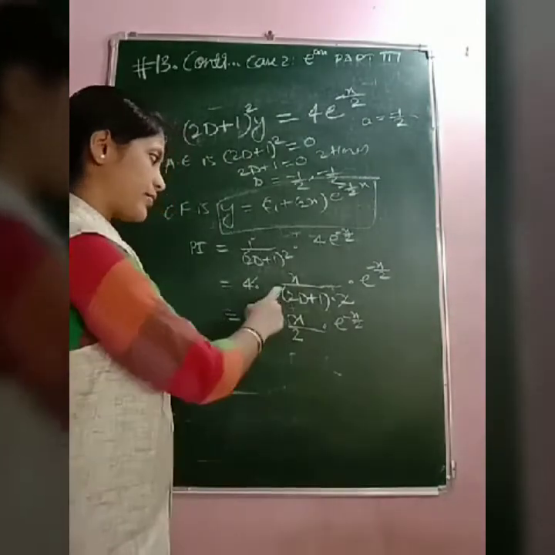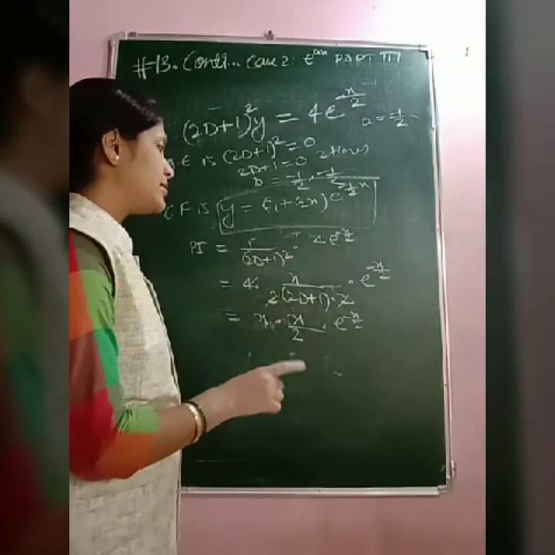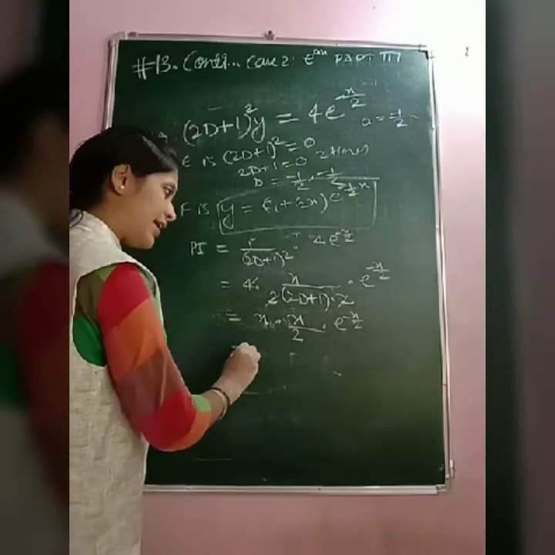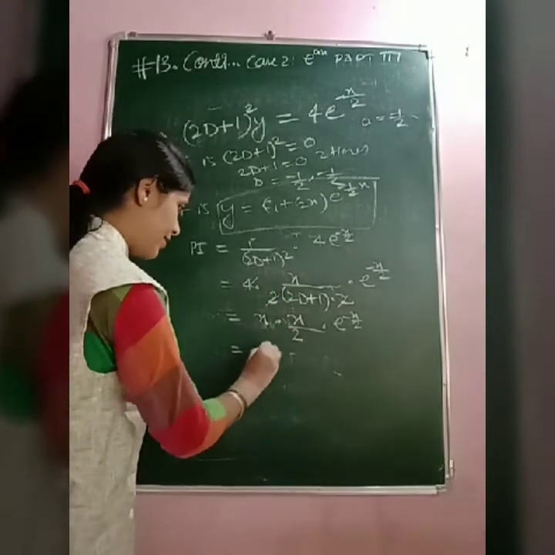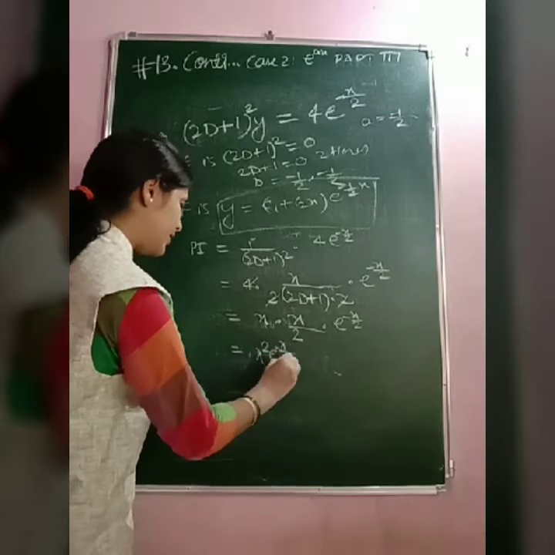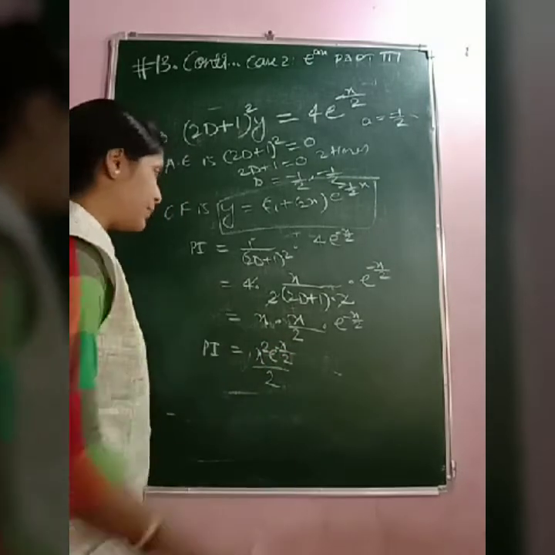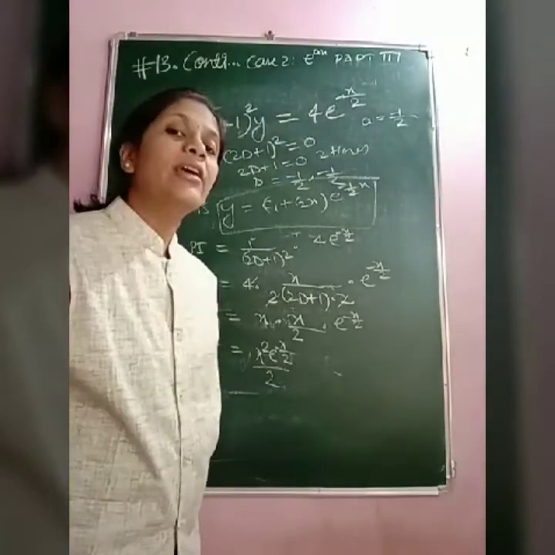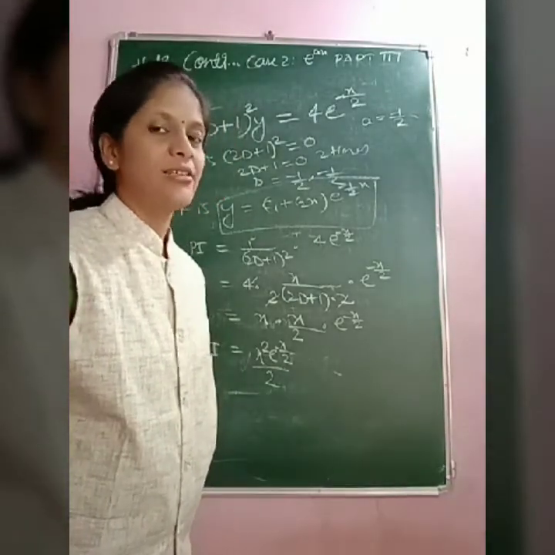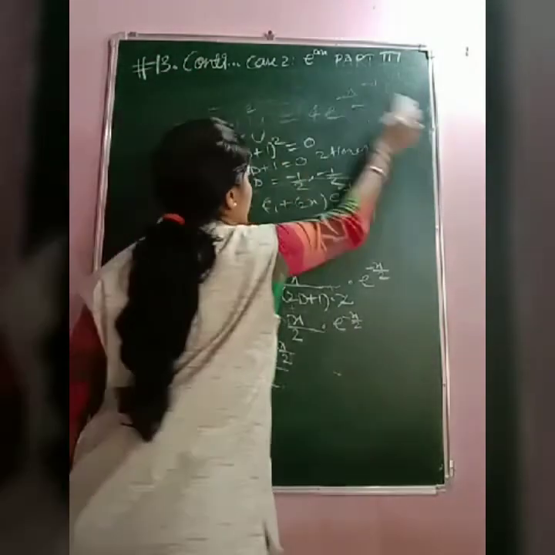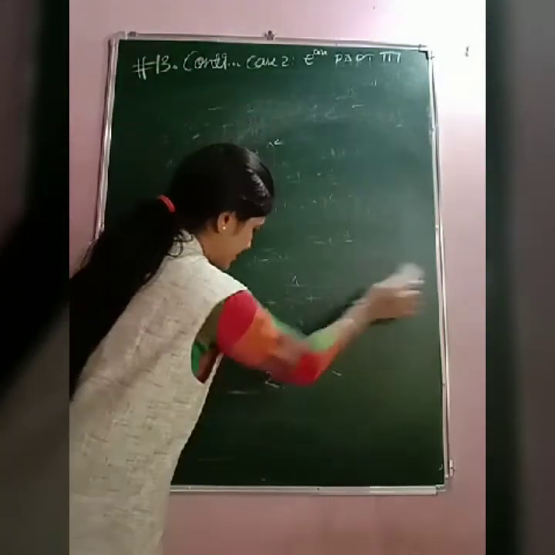Right? So this is our solution. So again, this is how we can write x² e^(−x/2) by 2. So this is nothing but our PI. CF we have found. The complete solution is y equals CF plus PI. Right? So let us solve one more last example.